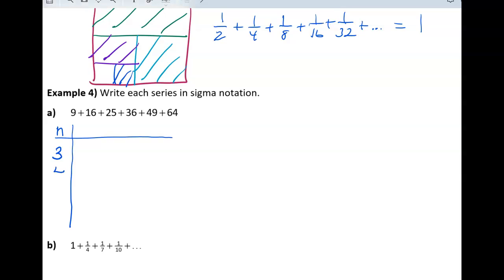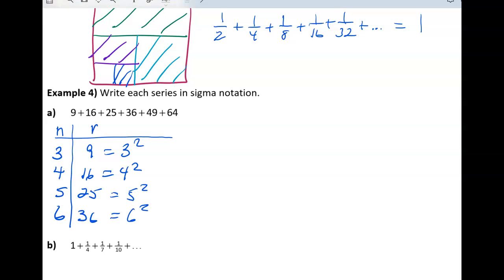So when n is 3, 4, 5, 6, our values are 9, 16, 25, 36, which are 3 squared, 4 squared, 5 squared, and 6 squared. So it looks like our pattern is that the terms are just n squared.